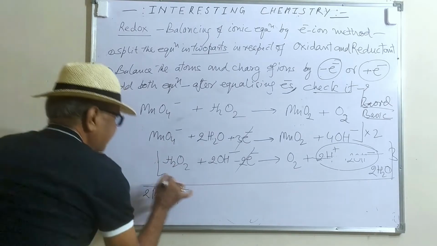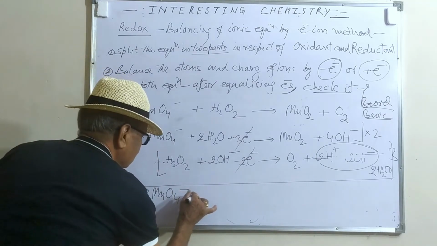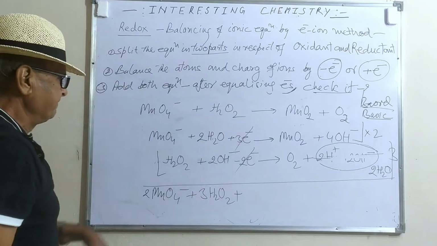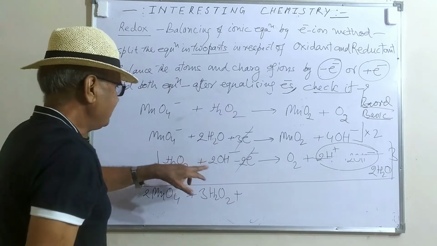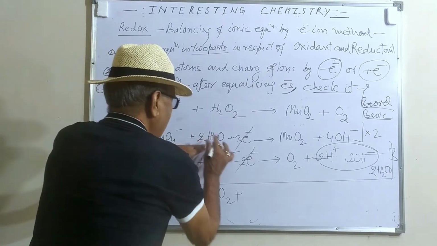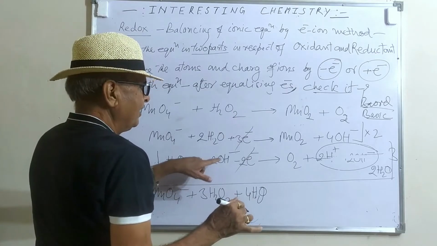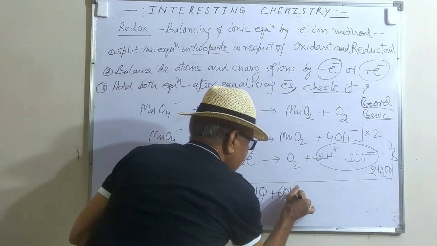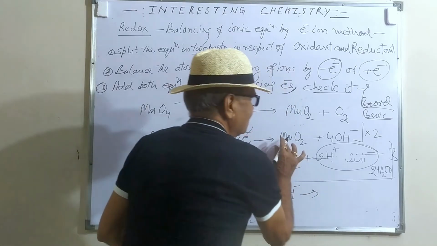On the left, 2MnO4- plus 3H2O2 plus 4H2O, and 3 into 2, 6OH- as it is.